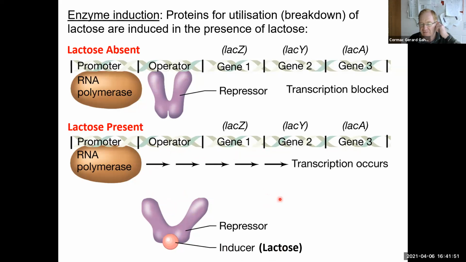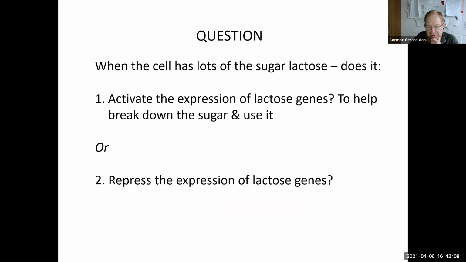These proteins are involved in the metabolism of lactose as an energy source. So this is the scenario when lactose is present, and this is when lactose is absent. It's quite an interesting and straightforward system.